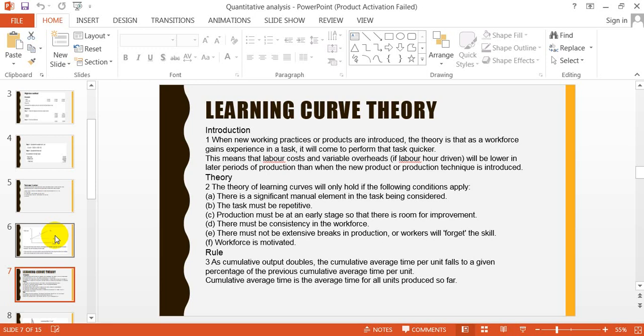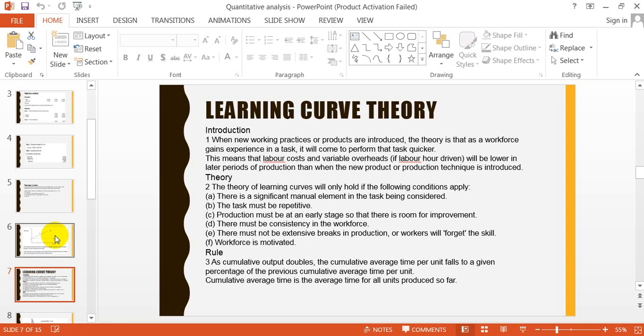The third one is that production must be at an early stage so that there is room for improvement. They've just started producing in the early stages, so that as time goes by, they're able to improve in their production methods. The fourth one is that there must be consistency in the workforce.